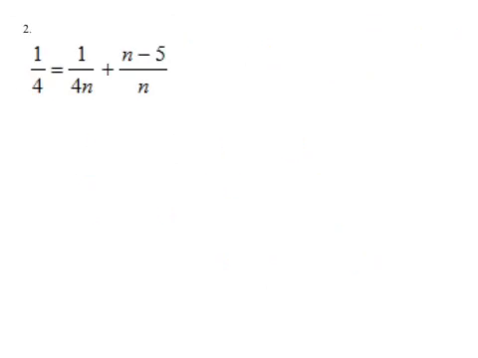Let's try example 2 using this step-by-step process. Looking at our denominators, we want to make sure that we identify the LCD. In this case, our LCD is equal to 4n. The next step is to obtain fractions with like denominators.